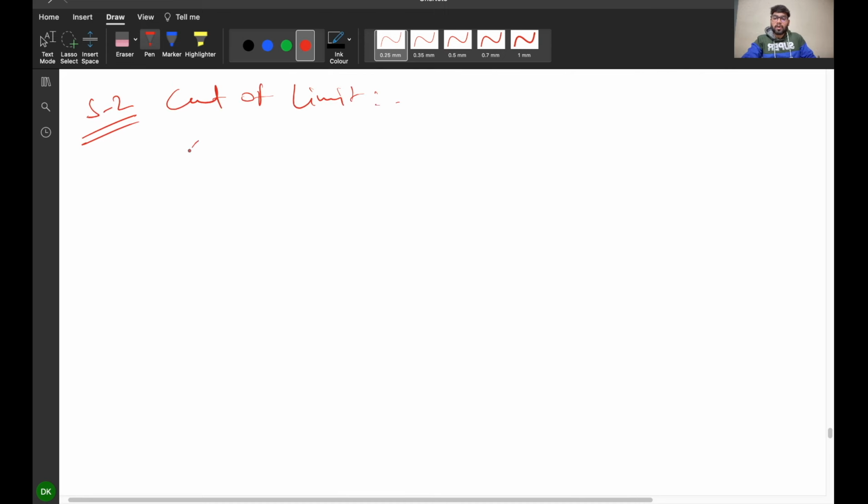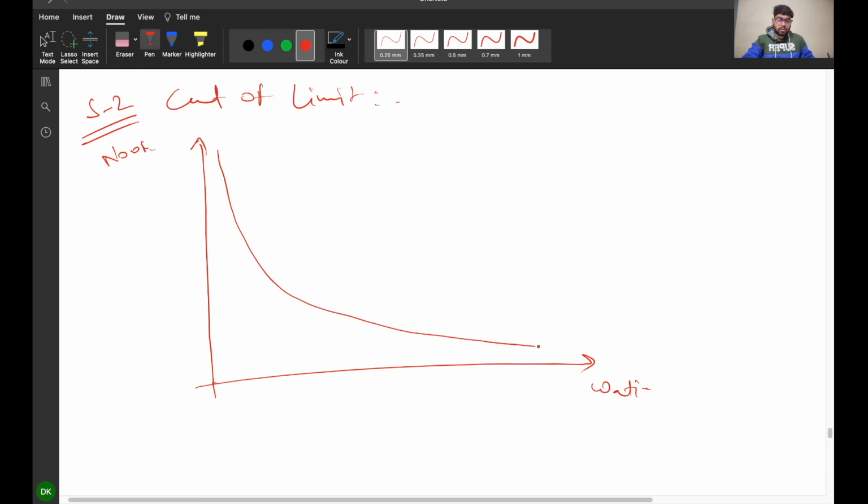Okay, now this is waiting time, this is our number of buses, and let's say this is our graph. Okay, and at this point, let's say this is our number of buses given.